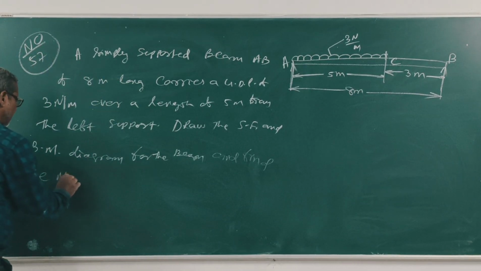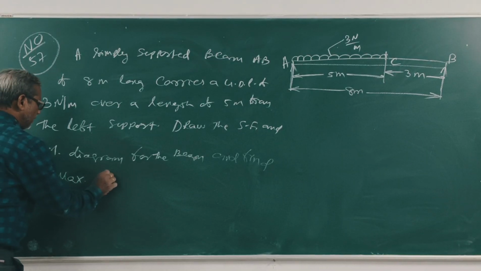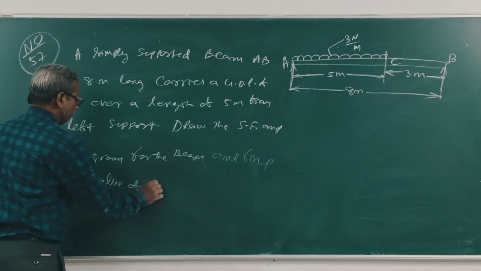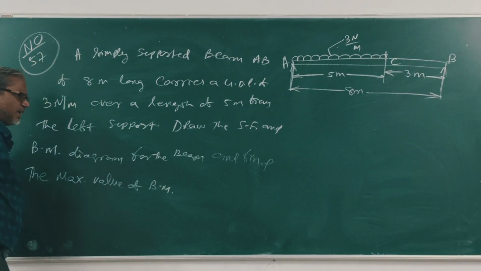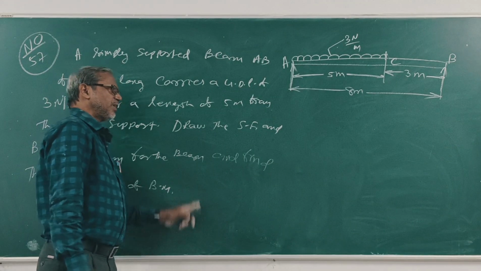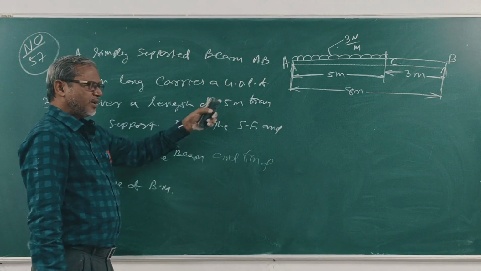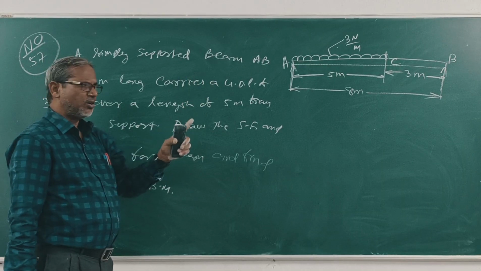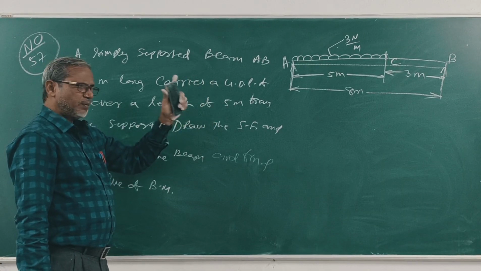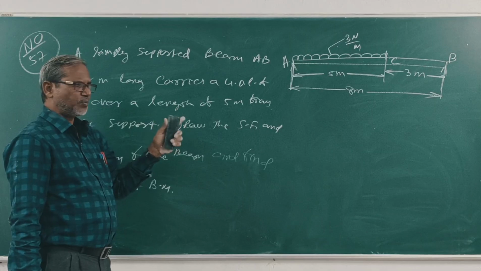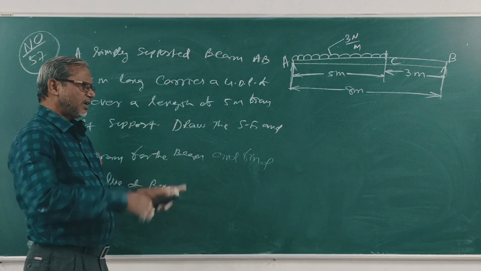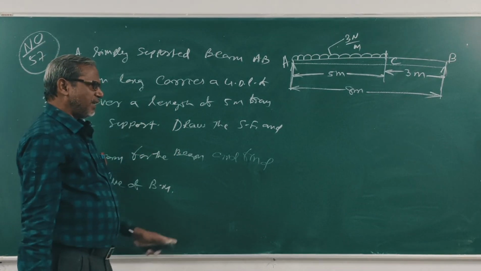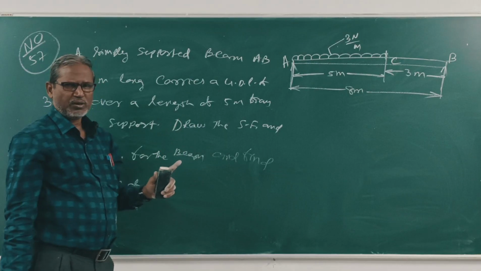Clear? The question is, the simply supported beam AB, 8 meter long, carries a UDL of 3 Newton per meter for a length of 5 meter from the left support. Draw the SFD and BMD and find the maximum value of bending moment.